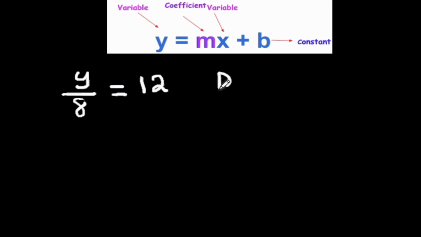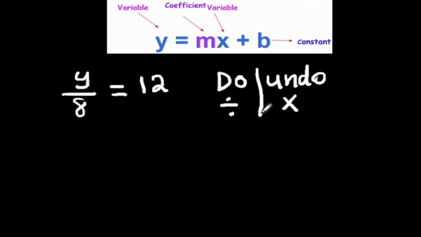So let's create a chart here, do and undo. So currently you're dividing. So that's what you're doing now. And you need to undo division by multiplication because it's the inverse, right? So let's multiply by 8 on both sides of the equation.